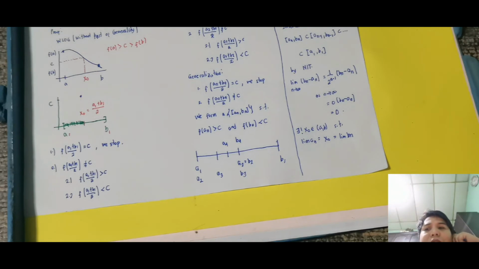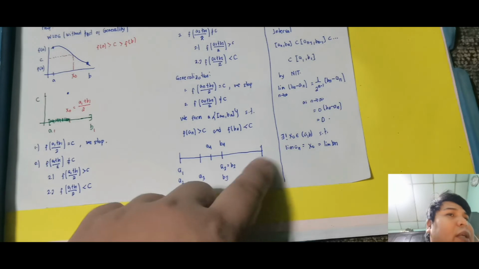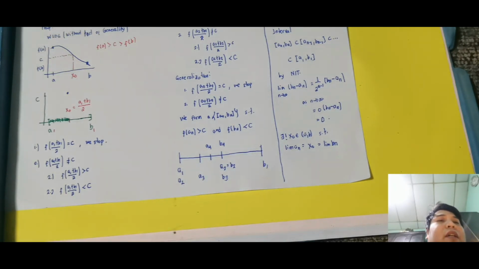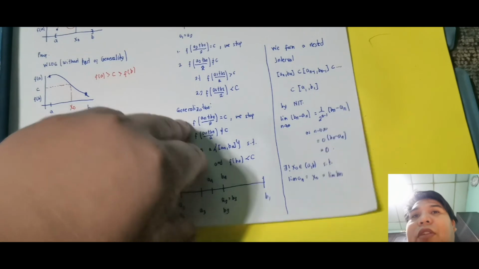Okay? So, ano namang ibig sabihin nito? So, ito kasi yung claim ng NIT natin na may mag-exist na unique x-naught element ng AB such that yung limit ng A sub n is equal to x-naught and limit ng B sub n is equal to x-naught. Then, tuloy ko dito yung proof sa bandang likod. Ngayon, ano ba ibig sabihin nun?